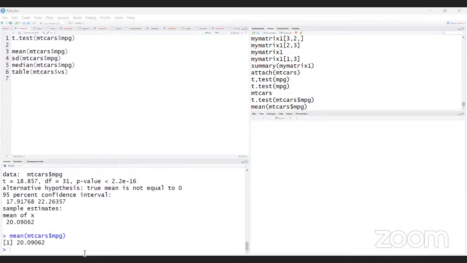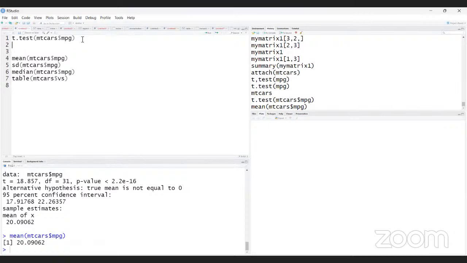Okay, so the mean lies here, 20.09. Now we can see the data. Okay, we can directly see the data so that we can find out the data set that is within the range of 17.92 and 22.26.